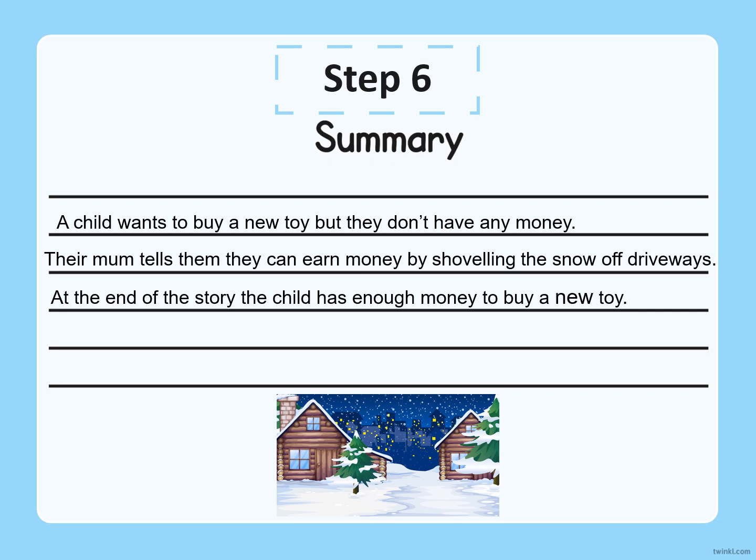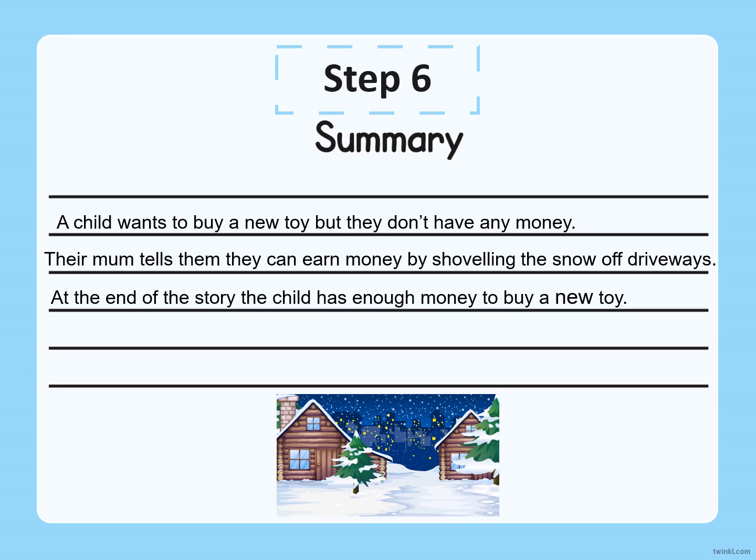Step 6. This is where we're going to be writing our summary. So we need to be using the questions that we've just looked at and the information from those to write our summary. We only need to write about 2 or 3 sentences, but we need to make sure they include all the important information.